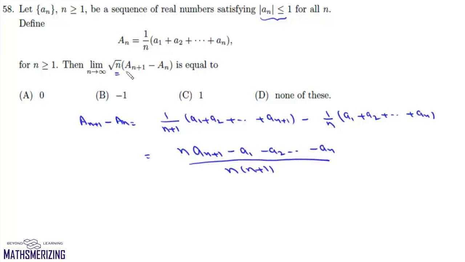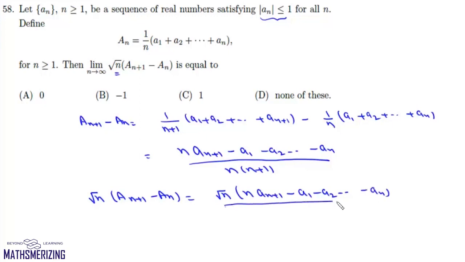Now we'll multiply it with square root of n. We can write square root of n into (A(n plus 1) minus An) will be square root of n into (n a(n plus 1) minus a1 minus a2 minus up to an) upon n into (n plus 1).